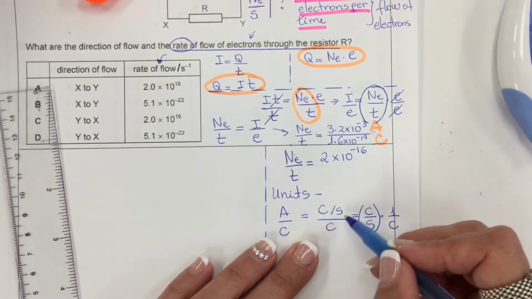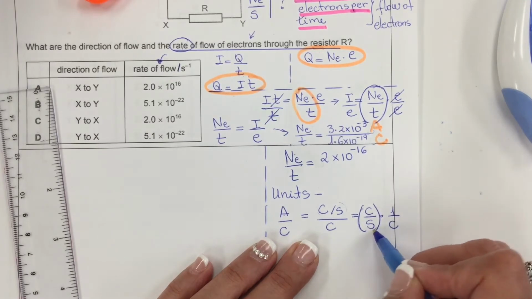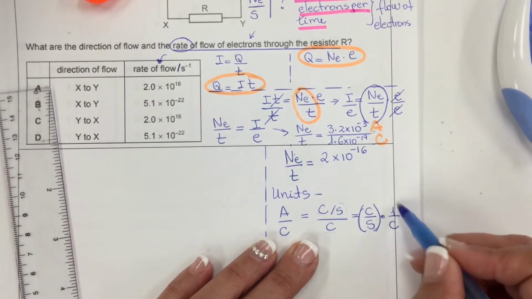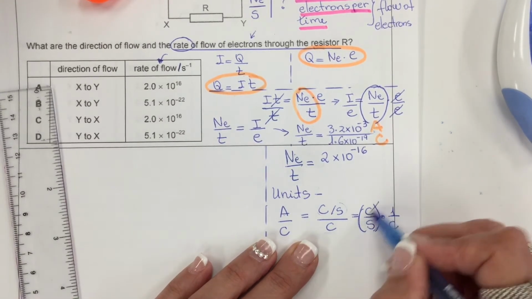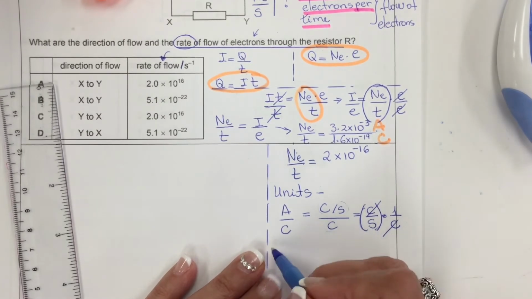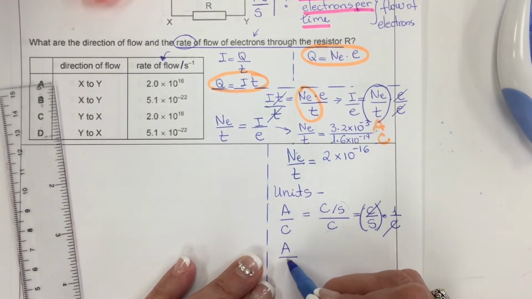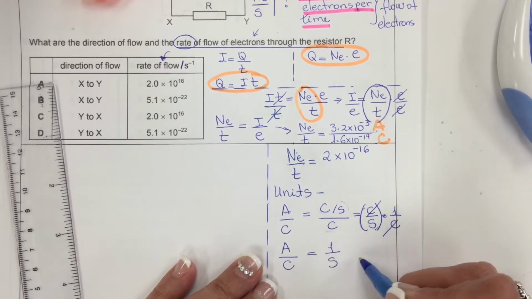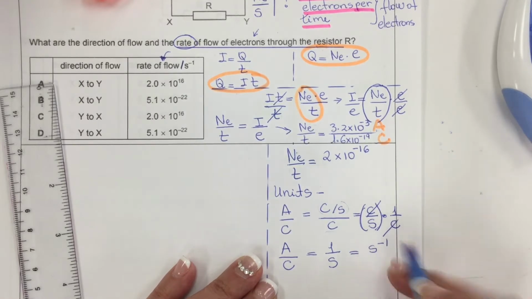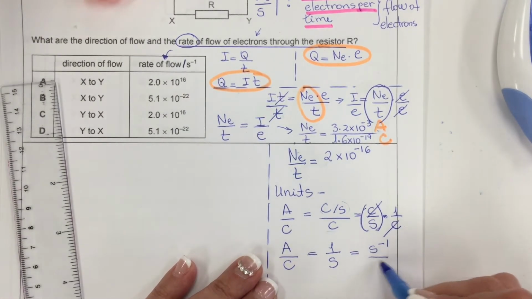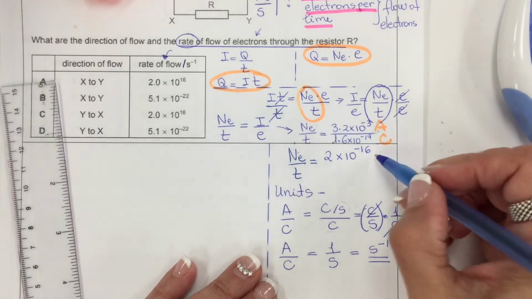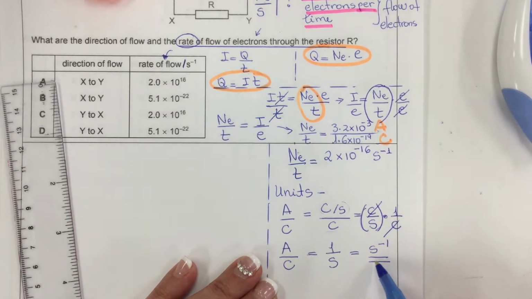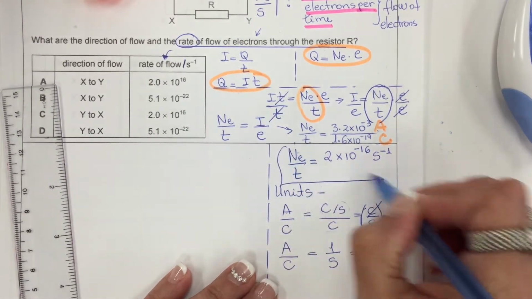Coulomb per second stays like it is, and coulomb becomes a fraction, the inverse of coulomb. So you cancel this, and amps over coulombs is actually 1 over S, or the inverse of S. So we can verify the unit for this is S to the minus 1. So this is my final answer.